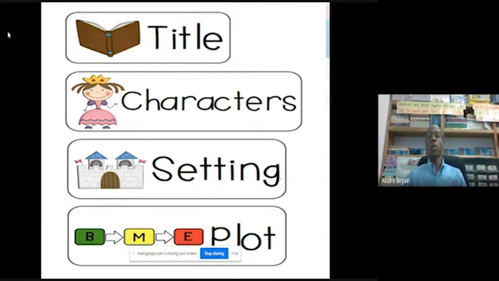Now, a story, boys and girls, also takes place in a setting. Yes, a story doesn't just happen in a vacuum, but it takes place in a setting. When we say setting, we're talking about the time and the place when the story happens. For example, the story could have taken place in the woods. It could have taken place on a farm, or it could have taken place in your backyard.